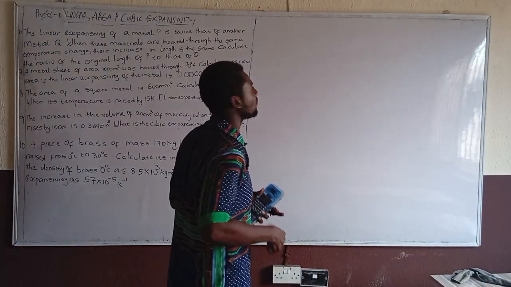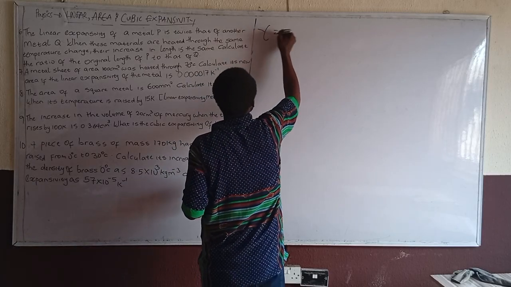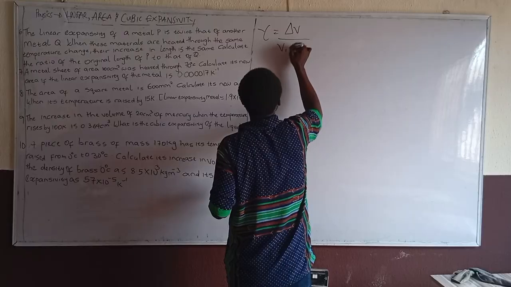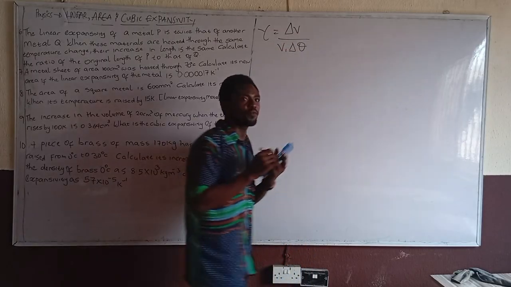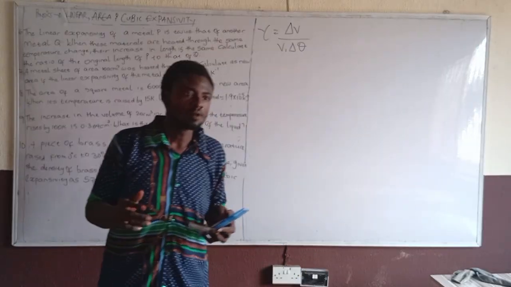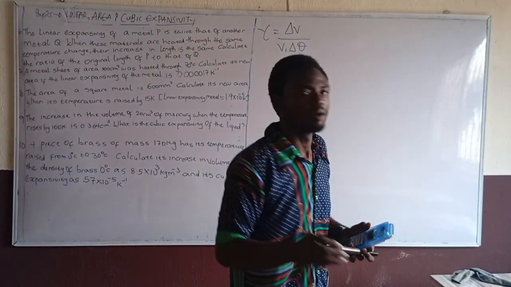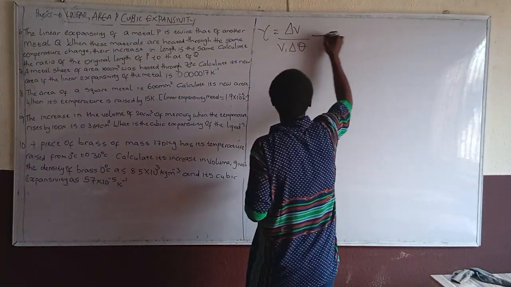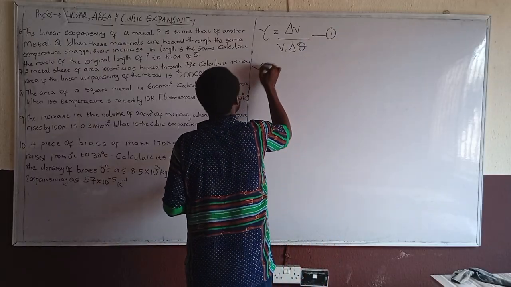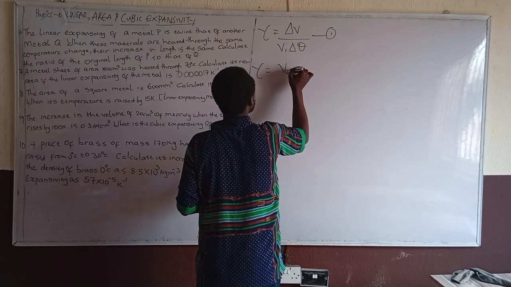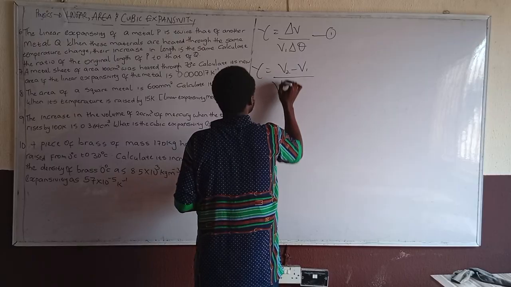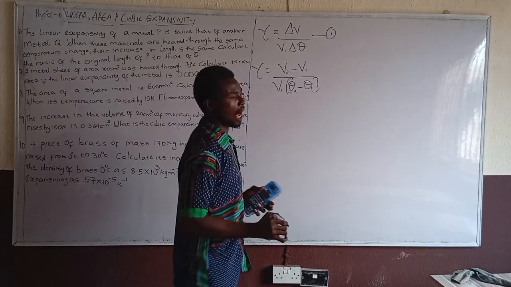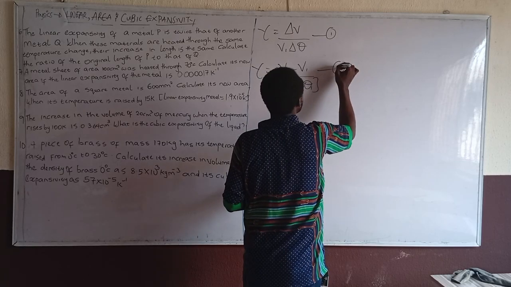So I will say volume expansivity, gamma equals delta V over V1 delta theta. For linear we use L, for area we use A, for volume we use V. I will call this equation 1. So gamma becomes V2 minus V1 over V1 theta 2 minus theta 1. I will call this equation 2.